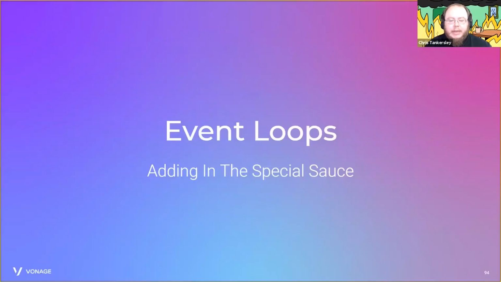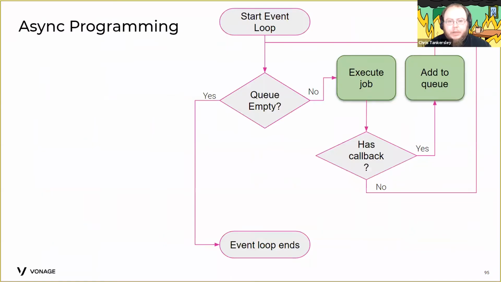So the bulk of it is the event loop. This is the special sauce that you use to make PHP feel much more async and allow you some of those extra niceties that you get out of asynchronous programming. So if we go back to our little graph here, we have async programming. Basically, we're going to replace that with event loop.